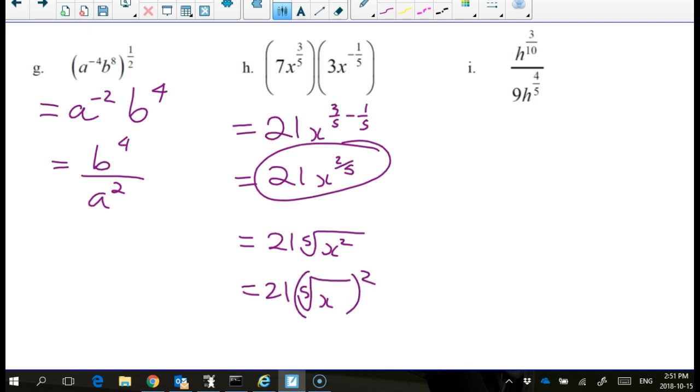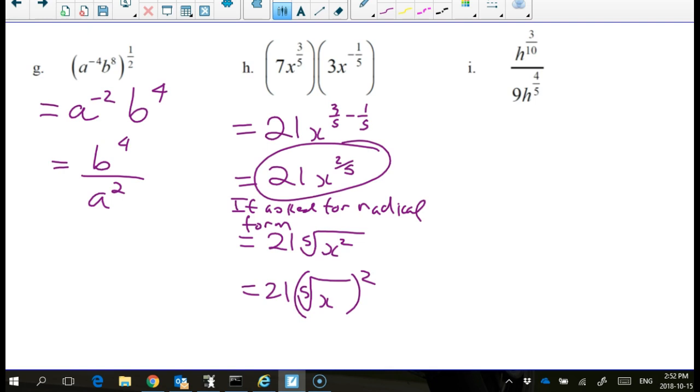Make sure that goes in parentheses and then you square it. So if asked for radical form, read the question and make sure you understand what it's asking for, because it may say that if the exponent is a fraction, you are to express it in radical form. I don't think this one does.